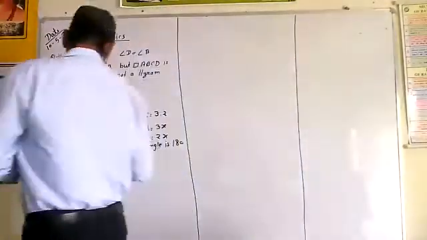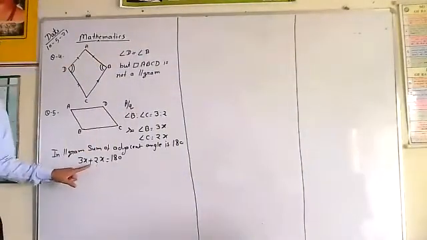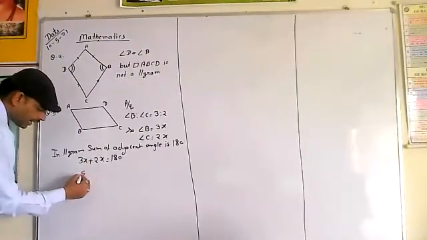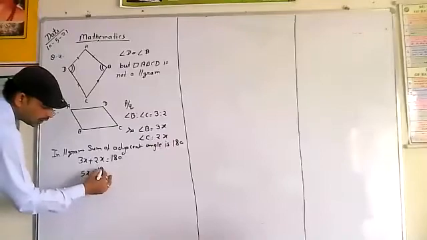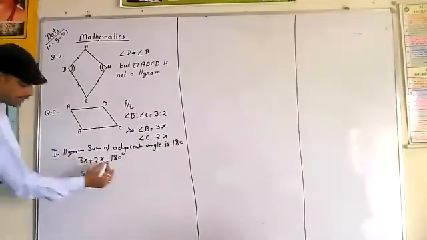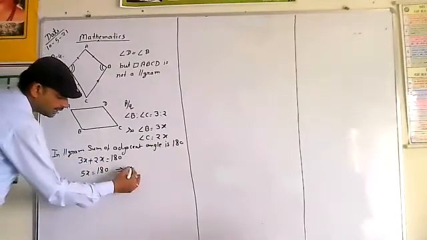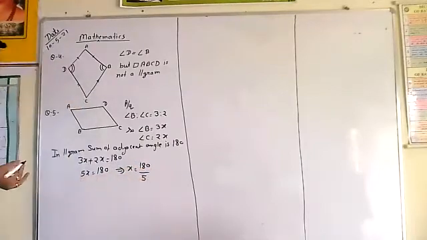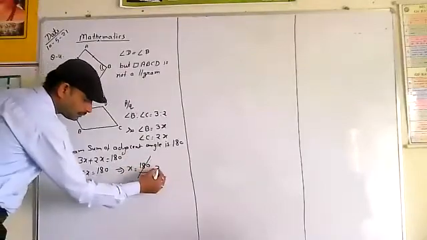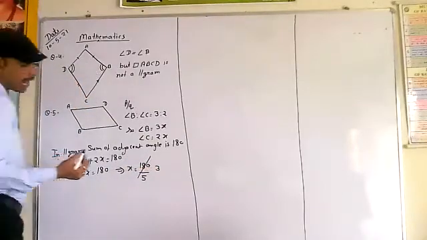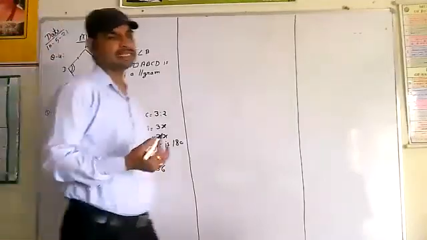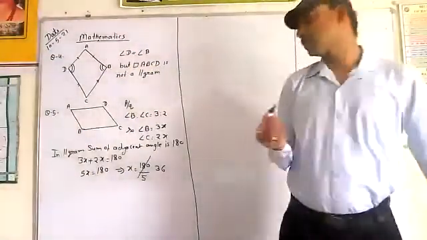Now students, 3x and 2x are both like terms. So 5x is equal to 180 degrees. This implies that x is equal to 180 by 5. The value of x is 36.